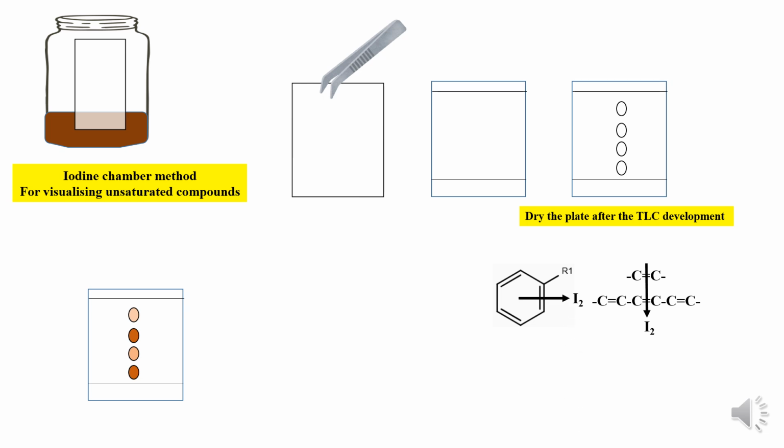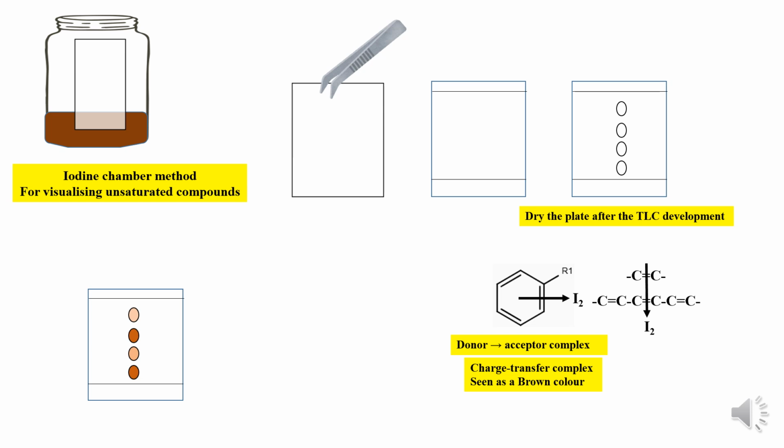So they react with iodine. A complex is formed between the sites of unsaturation and iodine, and you call this a charge transfer complex that can be seen as brown or amber colored spots on the TLC plates.